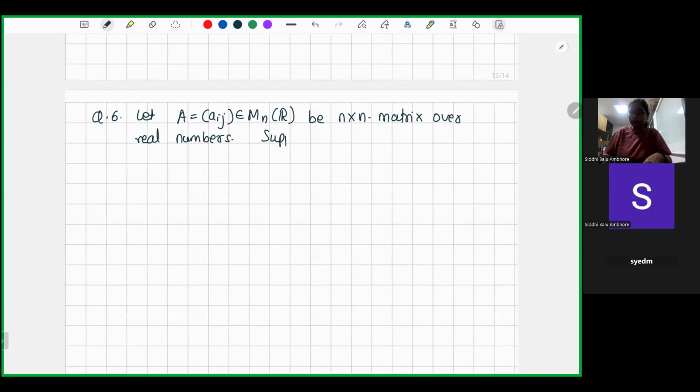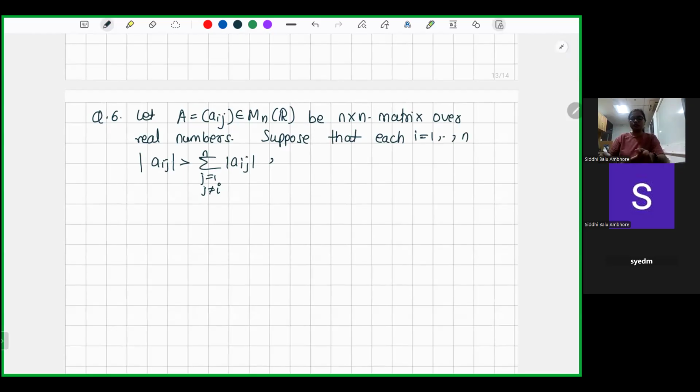And suppose that for each i from 1 to n, we have the modulus of aii is greater than the summation over j from 1 to n, with j not equal to i, of the modulus of aij.